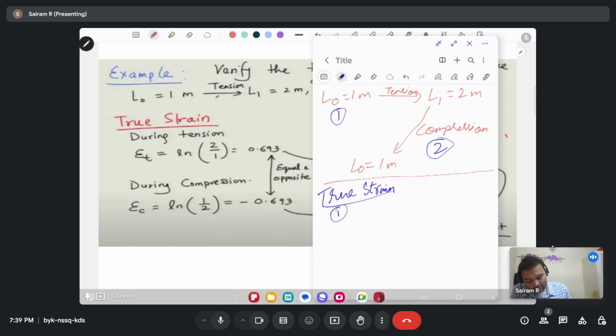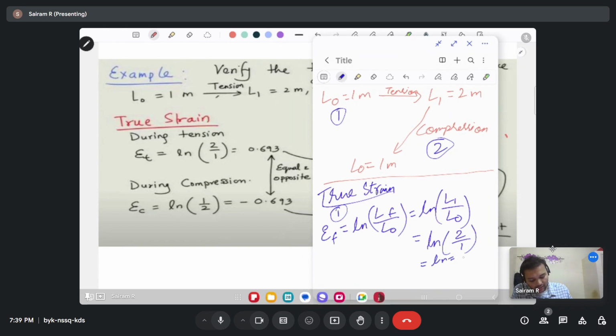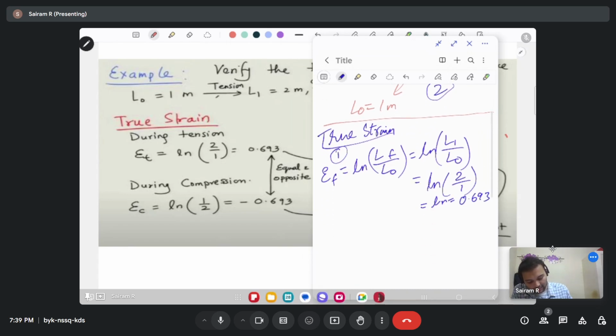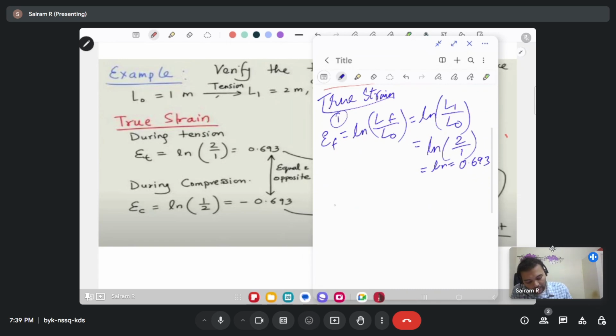So the true strain for step 1, as we know, epsilon f equals ln of Lf by L naught, or in this case equals ln of L1 by L naught. Here L1 is 2, so 2 by 1, which is ln 2, which is 0.693.